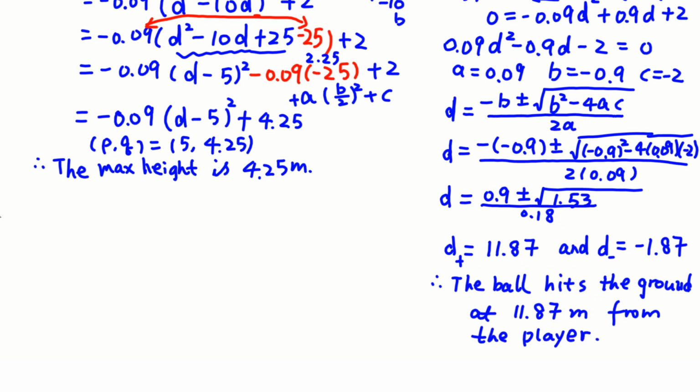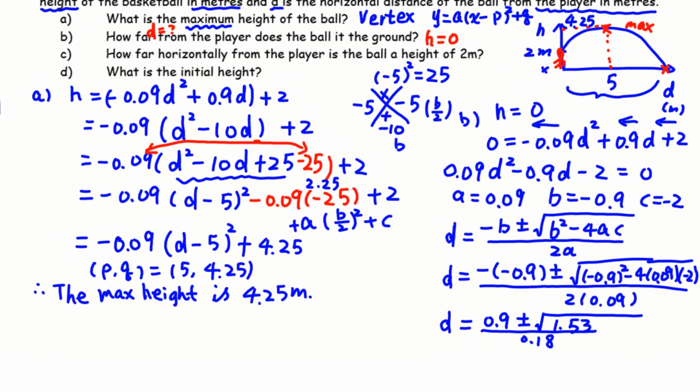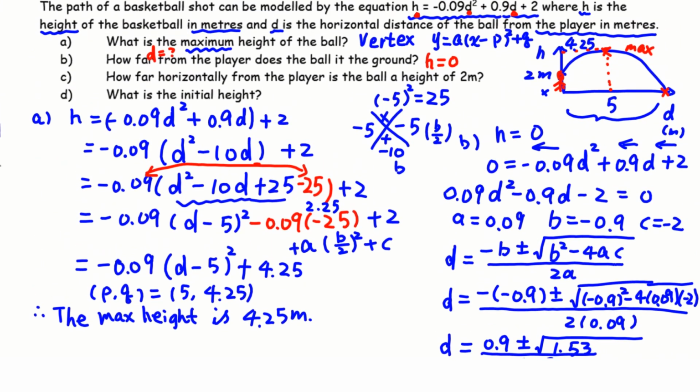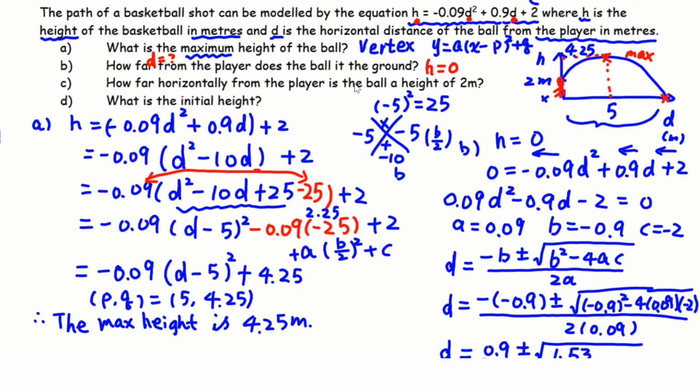Then for question C, the question asks you how far horizontally from the player is the ball at a height of 2 meters. So this again asks you for the d value, the horizontal distance, at height 2 meters. In this equation you have two variables, h and d.